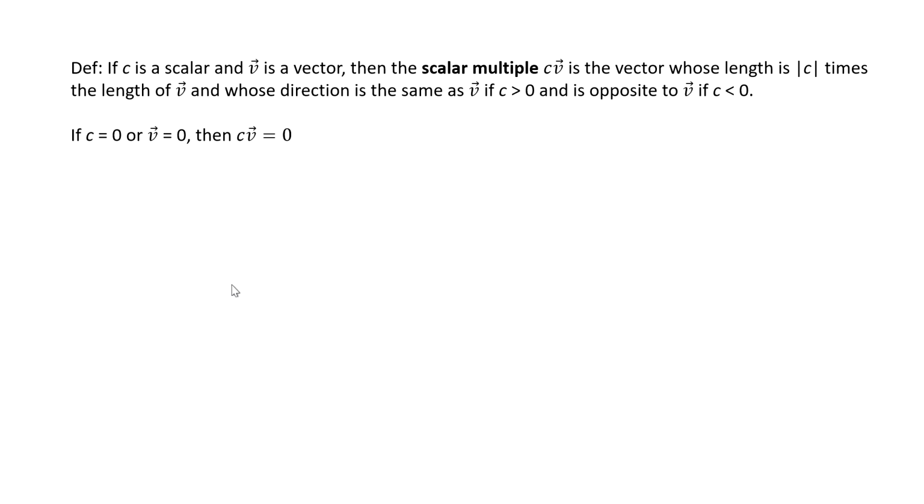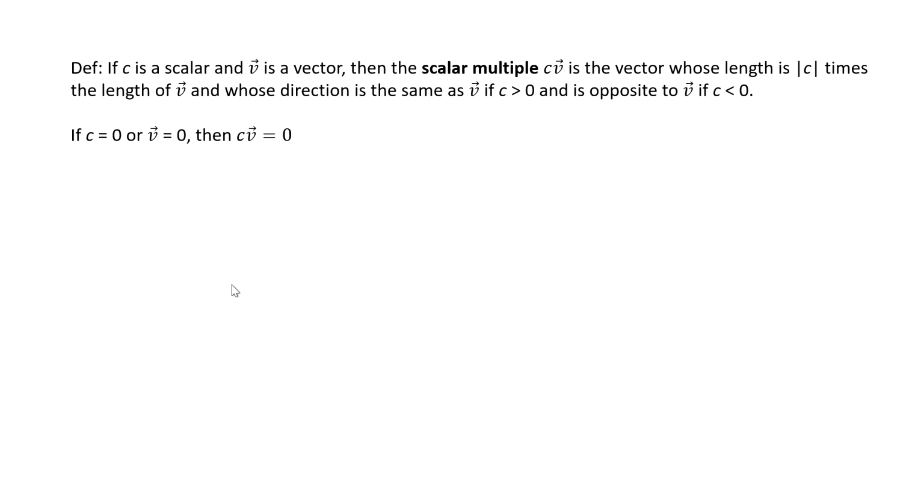If C is a real number and V is a vector, then the scalar multiple CV is also another vector whose length happens to be absolute value C times the length of that vector V. And direction is exactly the same as V if C happens to be greater than 0 and is opposite to V if C happens to be less than 0.